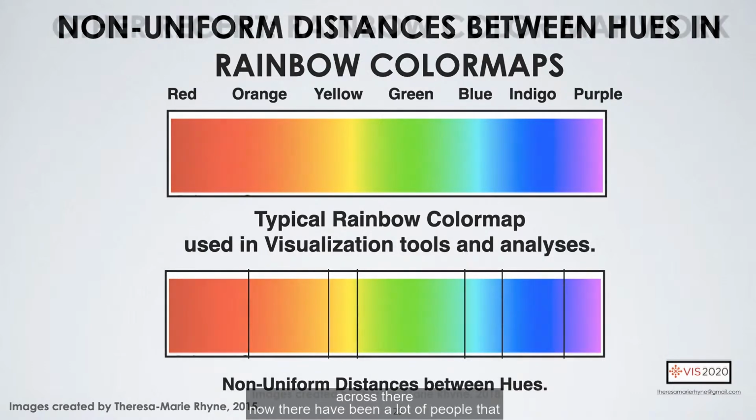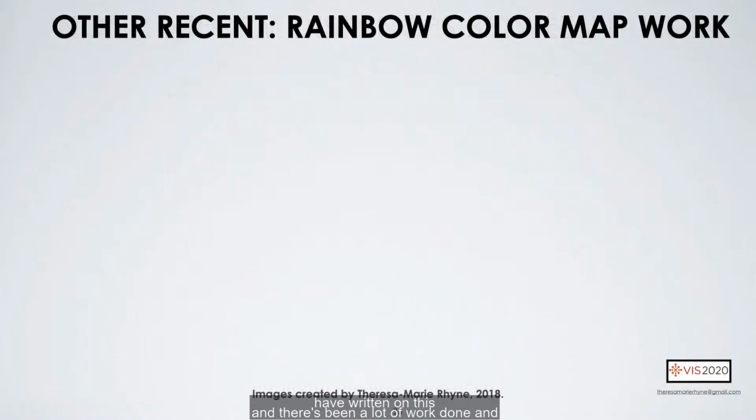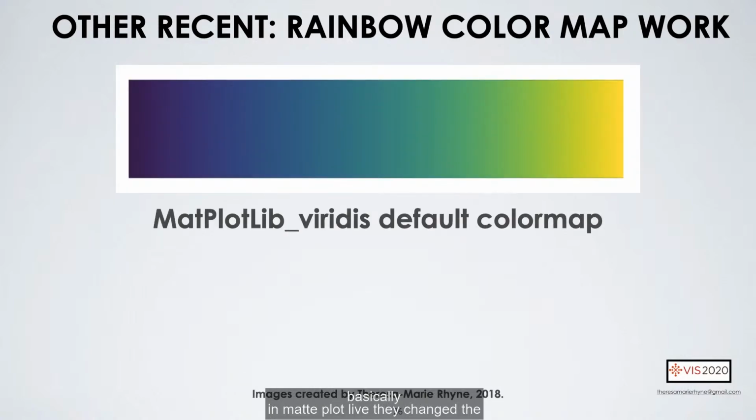Now, a lot of people have written on this, and a lot of work has been done. Basically, in Matplotlib, they changed the default from the rainbow color map to the Viridis color map, which goes from a bluish, purplish indigo color all the way to a yellow color.